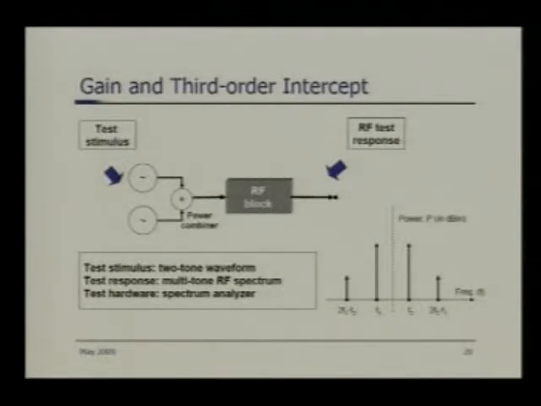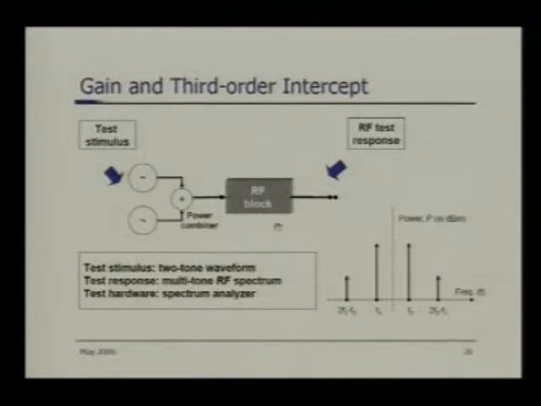So we go through, actually I kind of mentioned each specification, at least the spectral specification, in short. So gain and third order intercept are shown over here. In case of third order intercept, what we are interested in measuring is the intermodulation distortion component, the IMD component, because of the nonlinearity of the RF block.